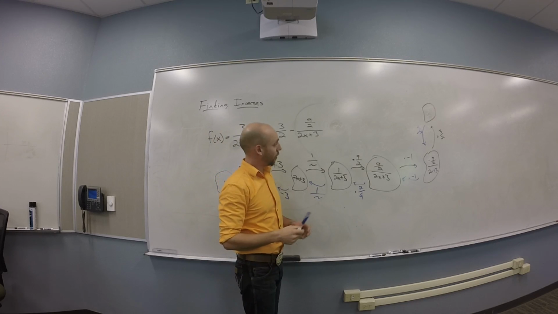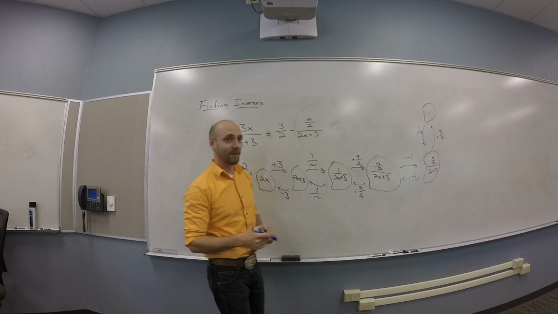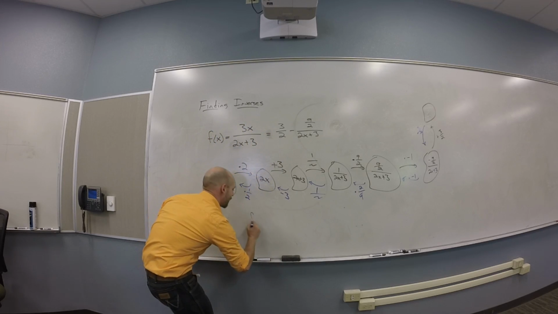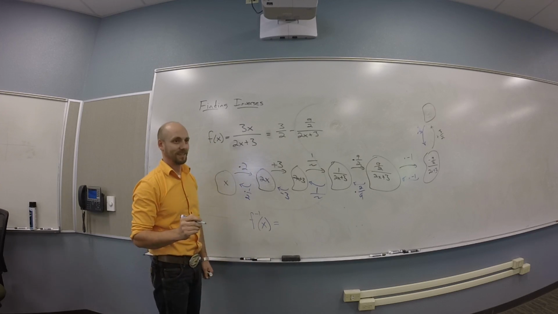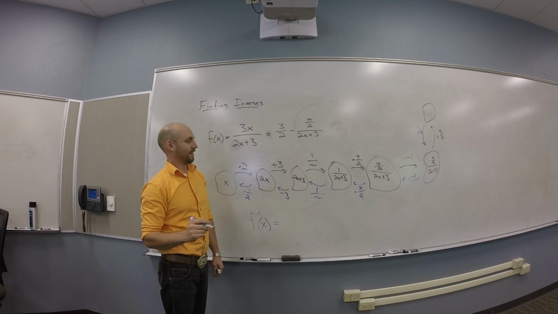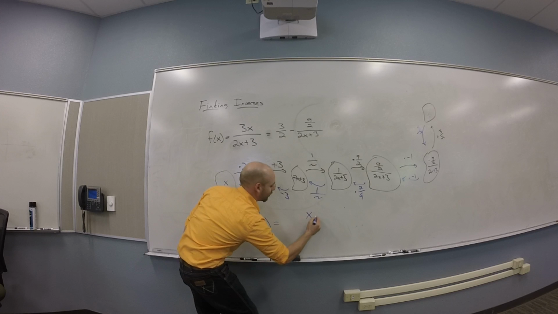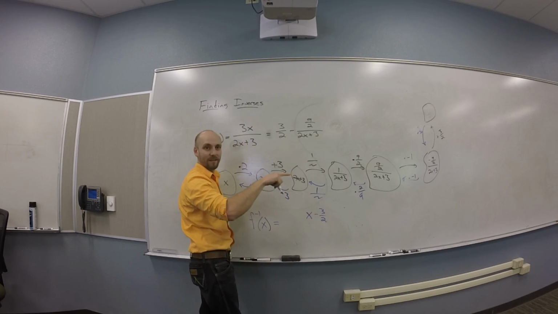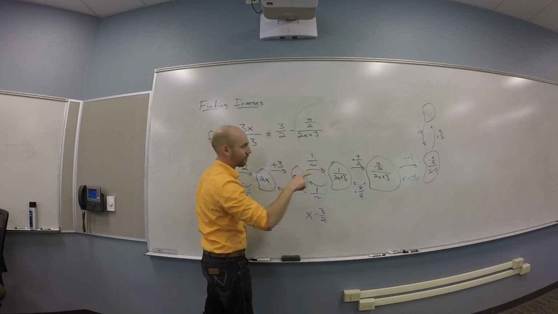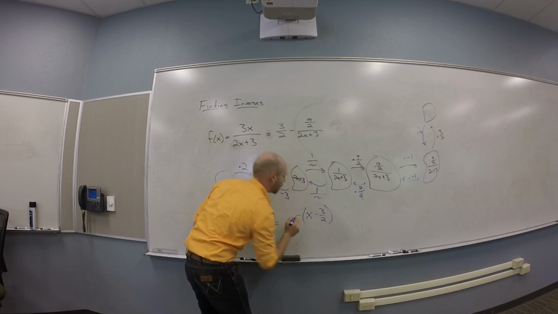All right, so if I wrote down a formula for this, this would give me f inverse of x. So I start with an x. I subtract 3 halves. Then I multiply the whole thing by negative 1.